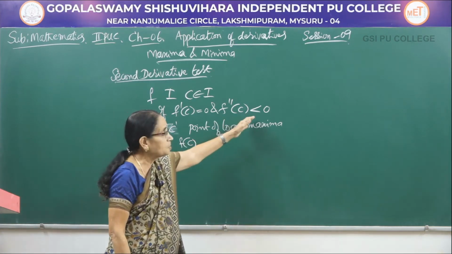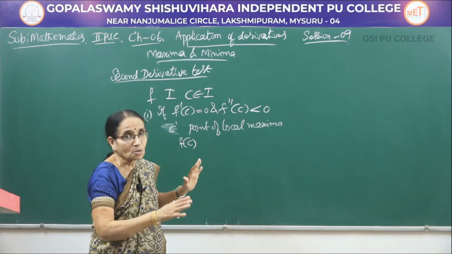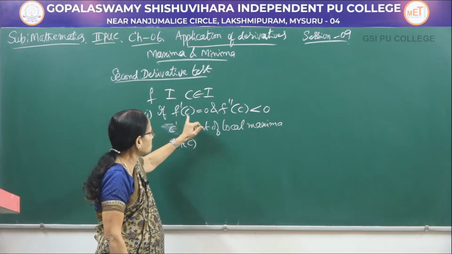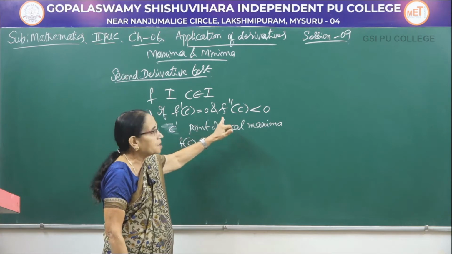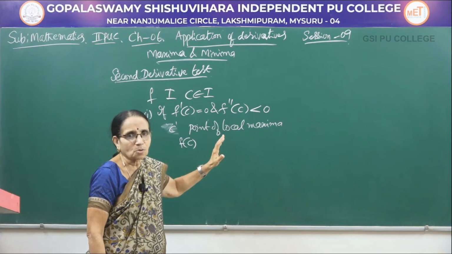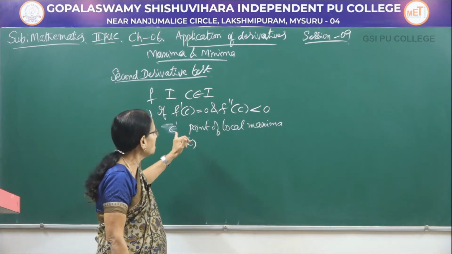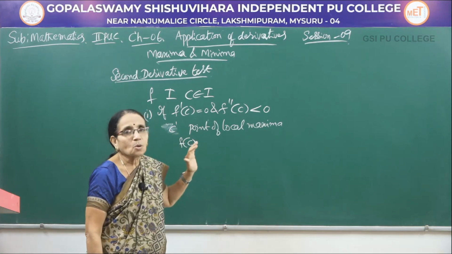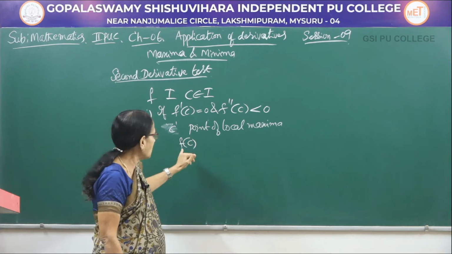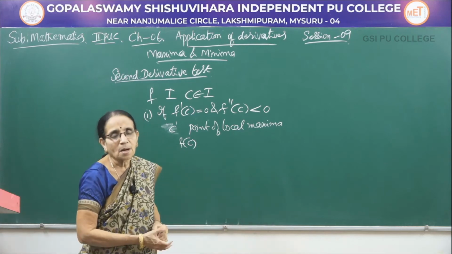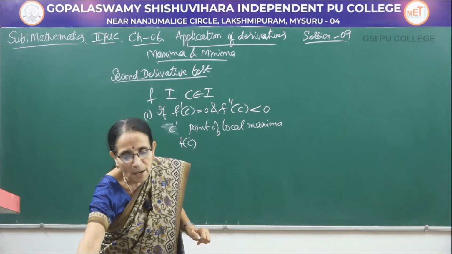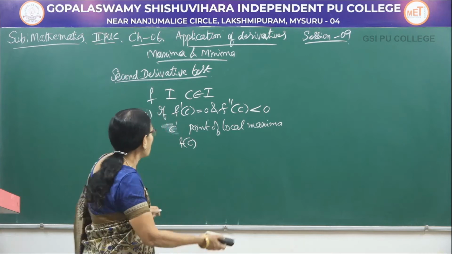Usually negative means we think it is less, so it is not so, be careful. The first derivative should be 0 and the second derivative should be less than 0. Like that you remember, then that point is called the local maximum point, and the value of the function at that point is called the local maximum value of f.